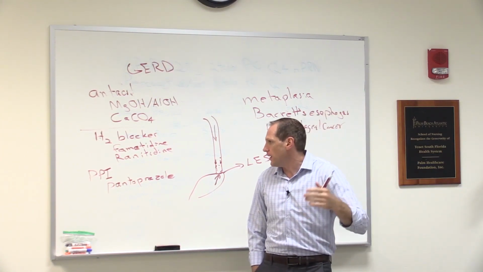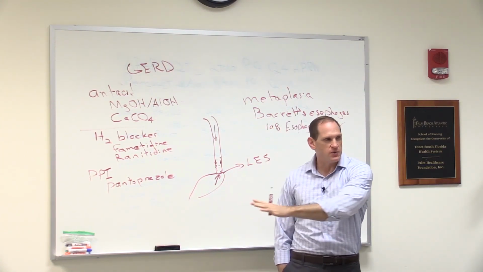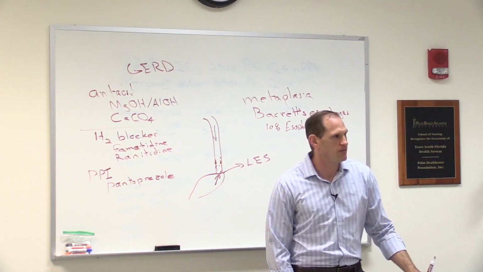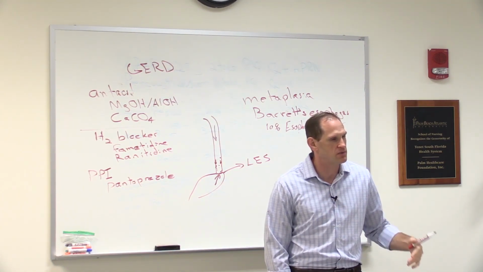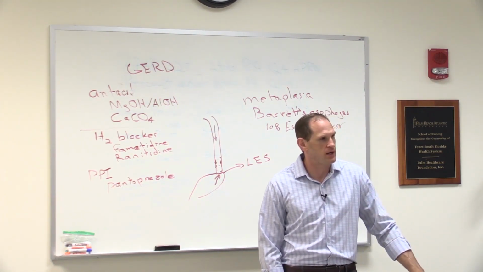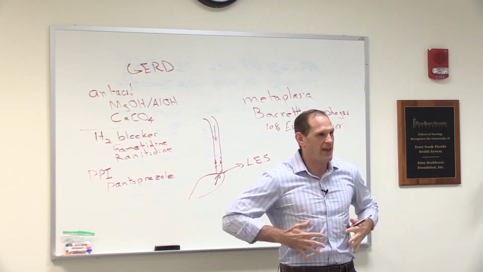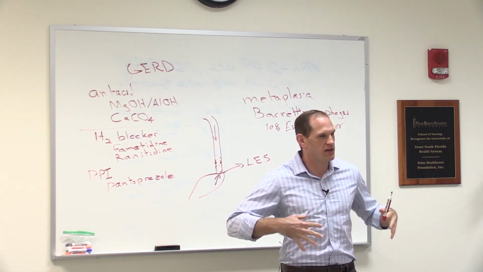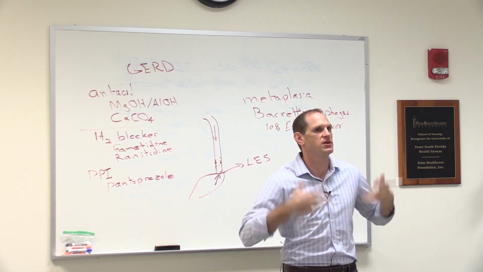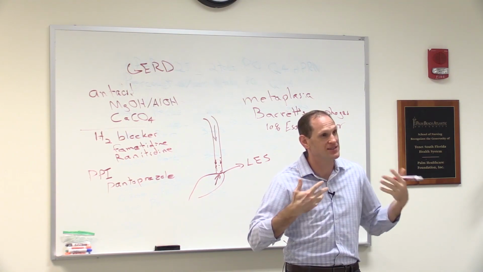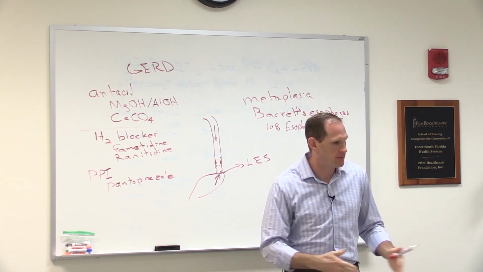All right. Now, these are the drugs that we use for GERD, but there's also a number of lifestyle changes that we need to think about as well. The first one is losing weight. An obese person has more weight on their stomach, so it can help push the stomach contents up. So losing weight can help.